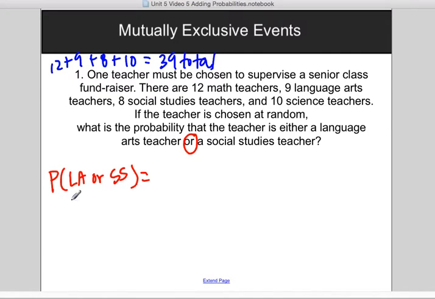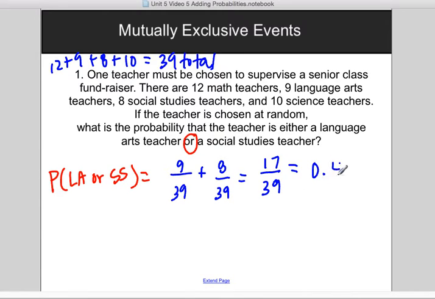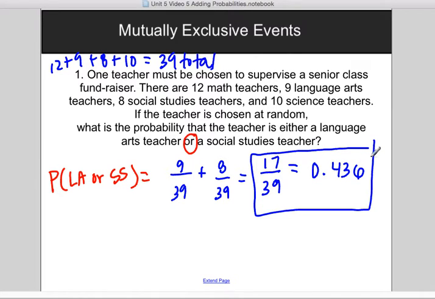The probability of being a language arts teacher is 9 out of 39, or a social studies teacher, 8/39. I already have a common denominator, so I can just say 9 plus 8 is 17/39, and that is reduced all the way. If you wanted to leave it as a decimal and divide on your calculator, it'd be 0.436, rounded to 3 decimal places. So that is example 1.